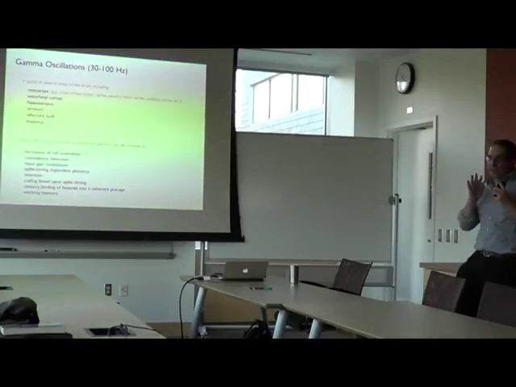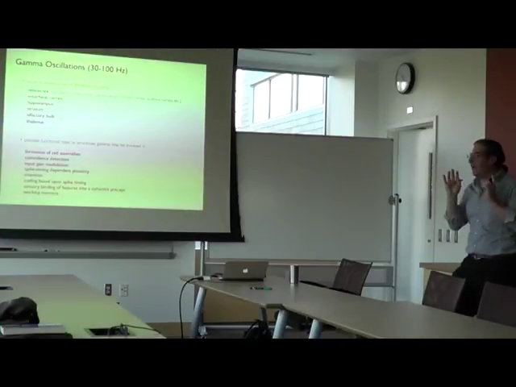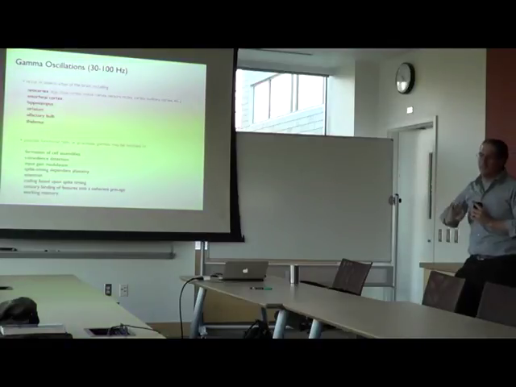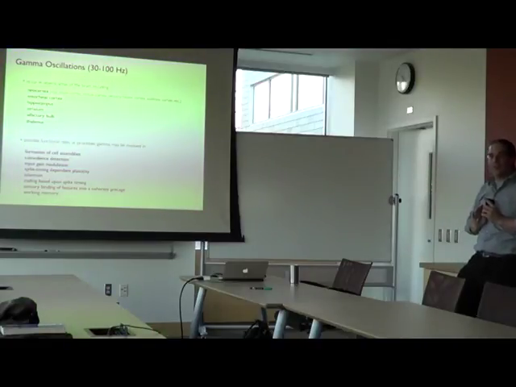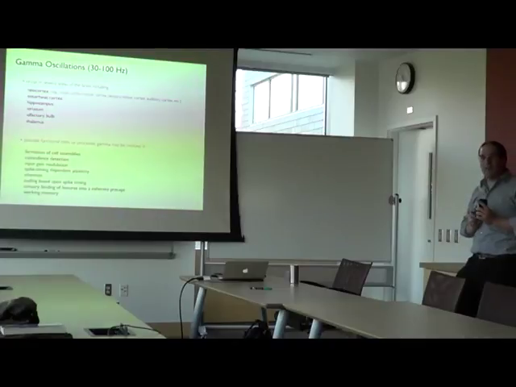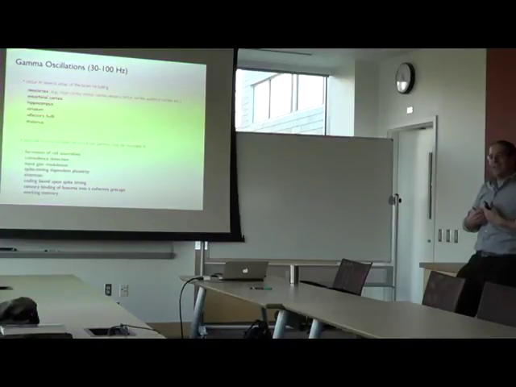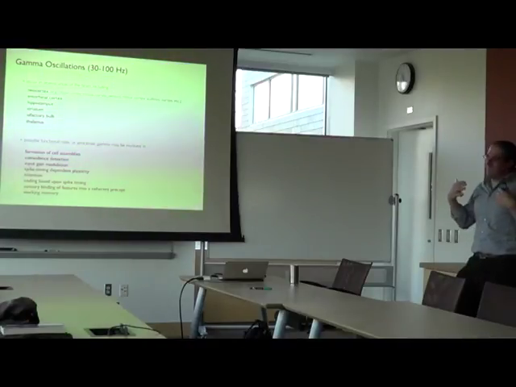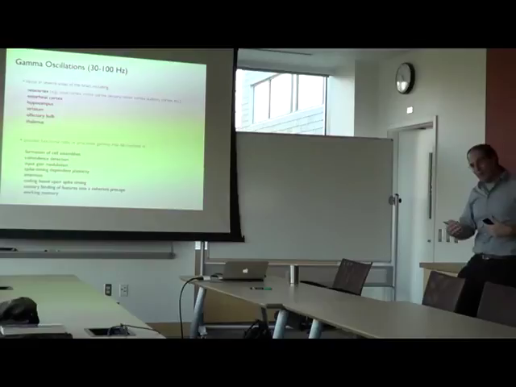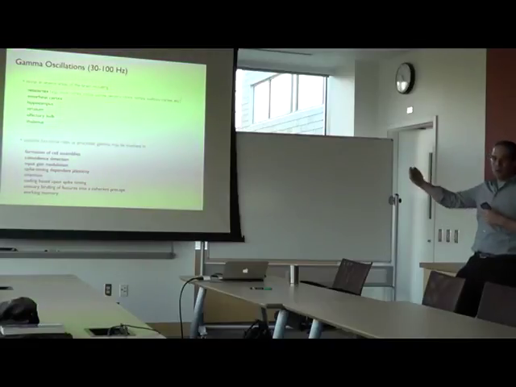Now, I keep saying gamma oscillations and making them seem like they're responsible for all this. I would argue that's probably not what's going on, and many people don't think they are the thing that's responsible. What it could be is creating the framework that could be used to do all these tasks.